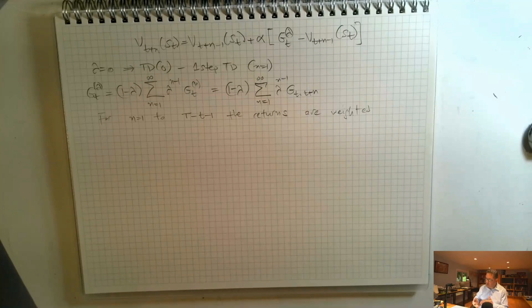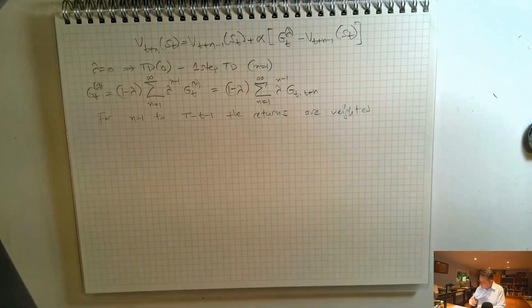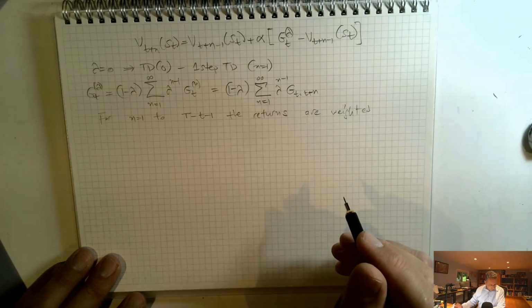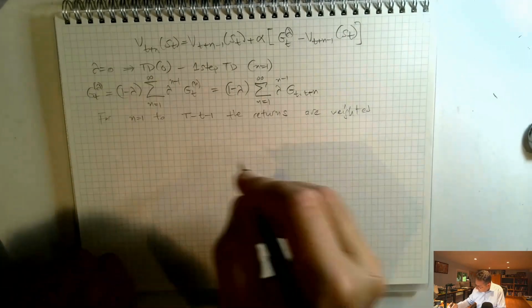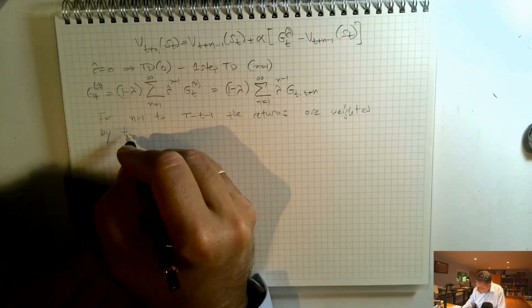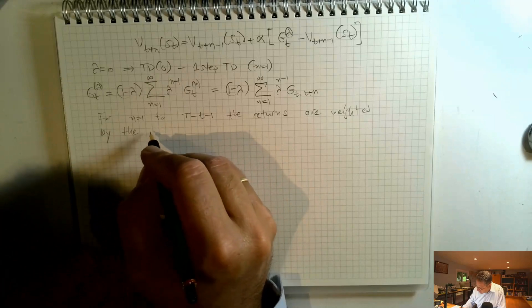I say decaying because, as you can see, it is a decaying geometric progression, since lambda is less than or equal to 1. They are weighted by the following factors.